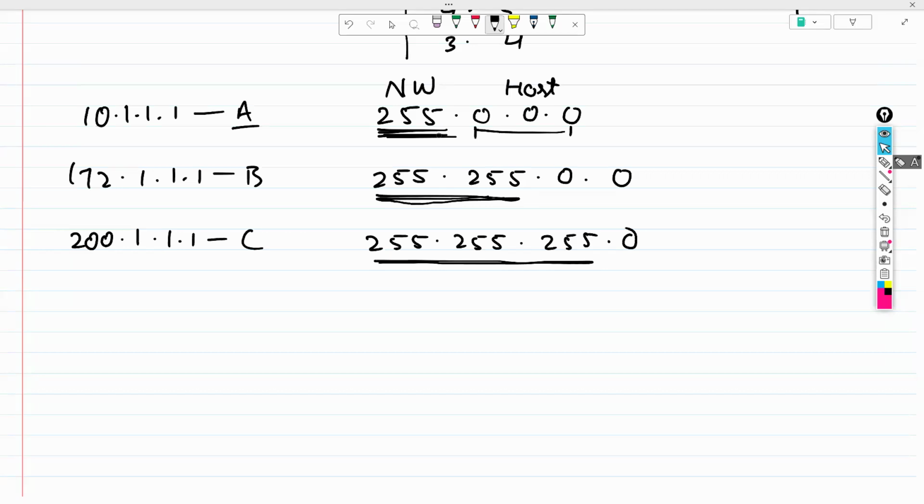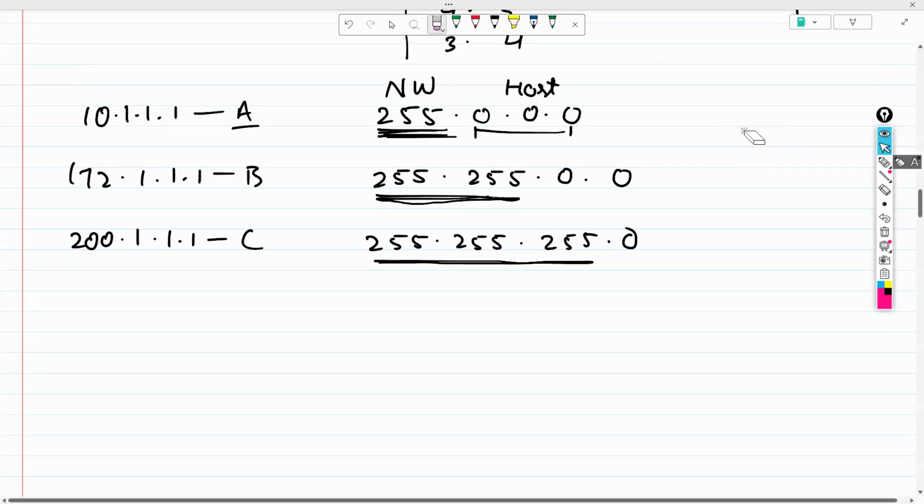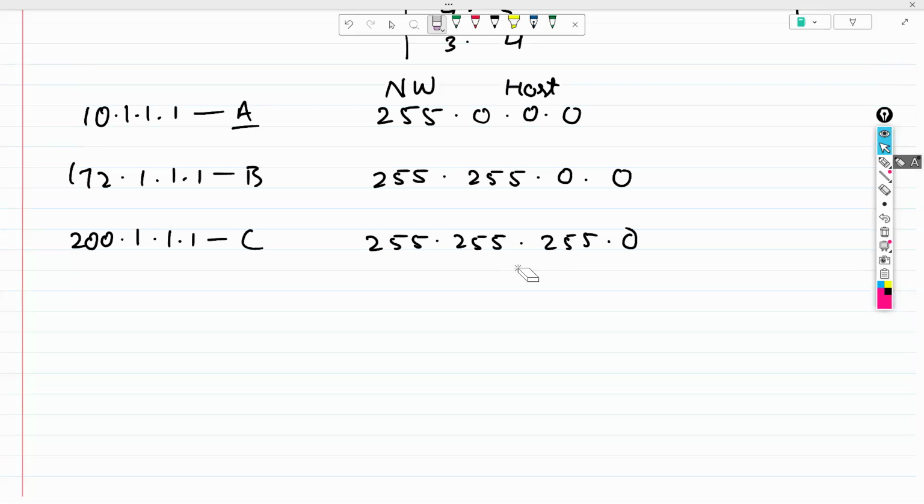However, again, the question comes: 255 is a number. How can a networking device understand 255? It only understands ones and zeros, right? That is why, as I said, all the IP addresses that you type on a networking device, eventually they will convert into binary format.